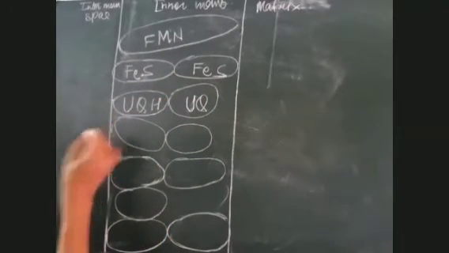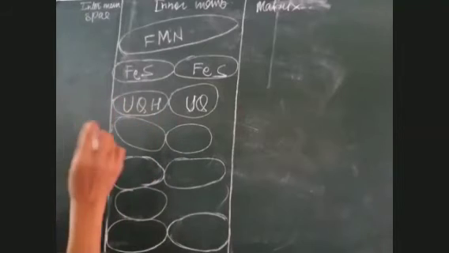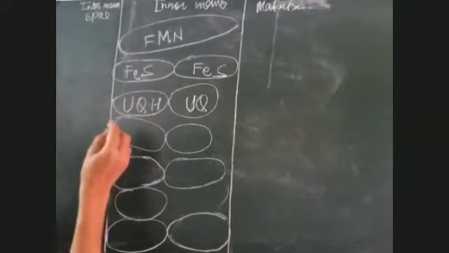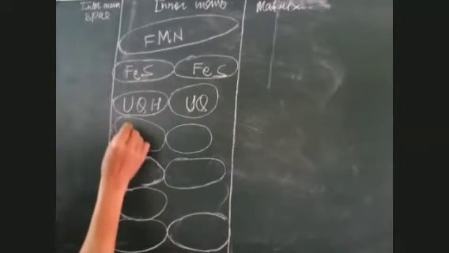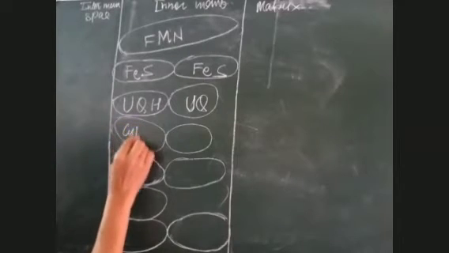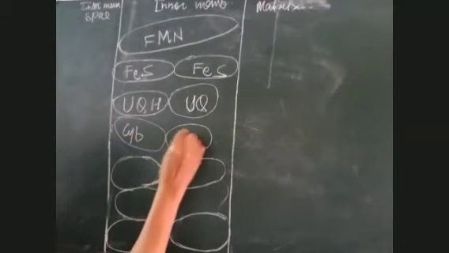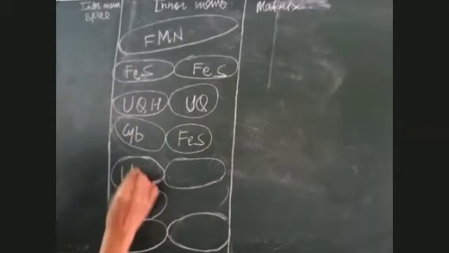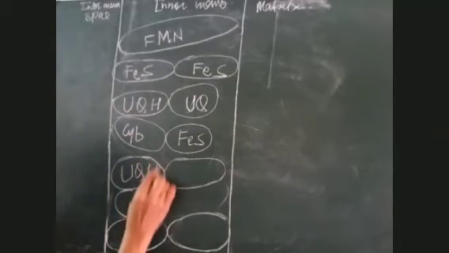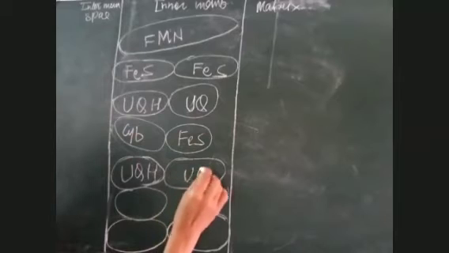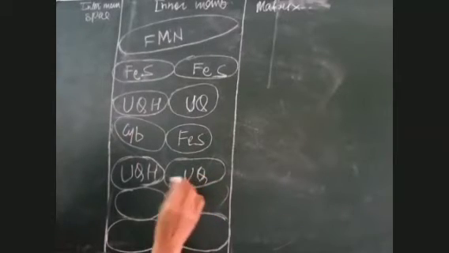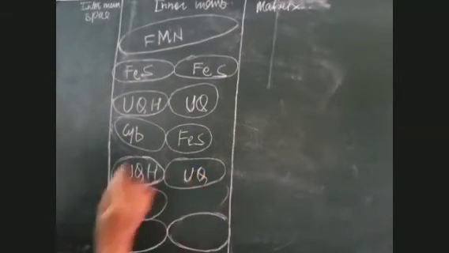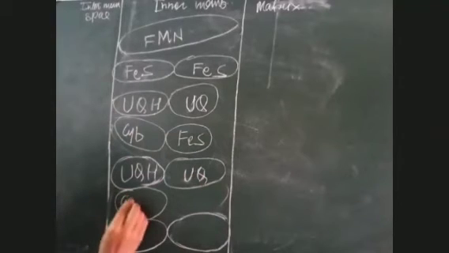Then we have FeS, ubiquinone, cytochrome b. We have cytochrome b. Then we have again FeS here. After FeS, we have ubiquinone hydroxide here. And then ubiquinone. This is ubiquinone. Then we have cytochrome c.